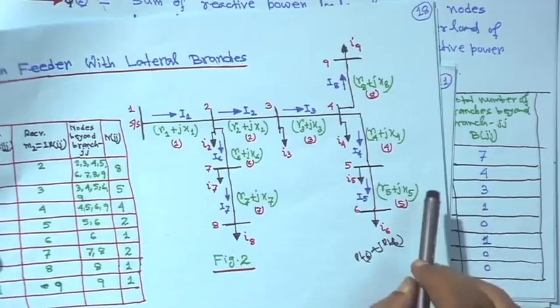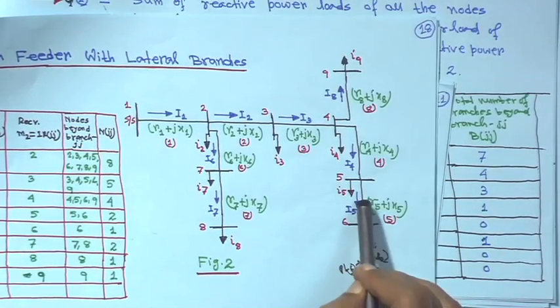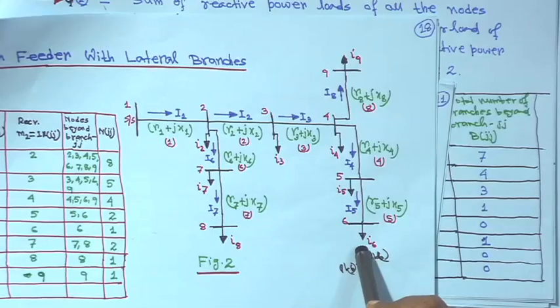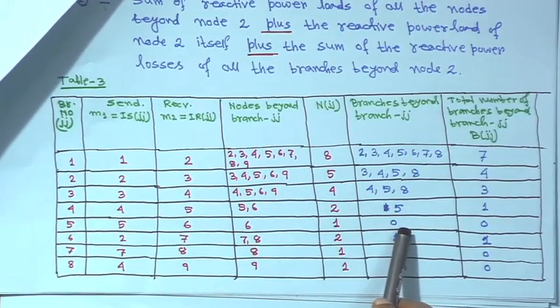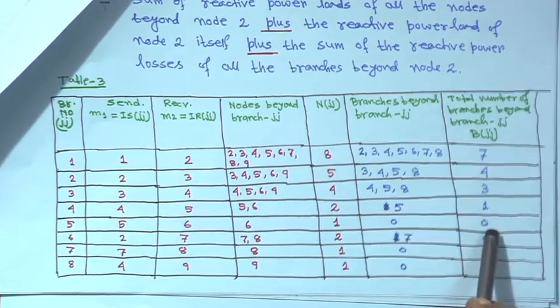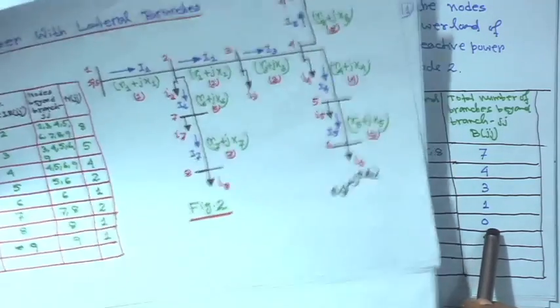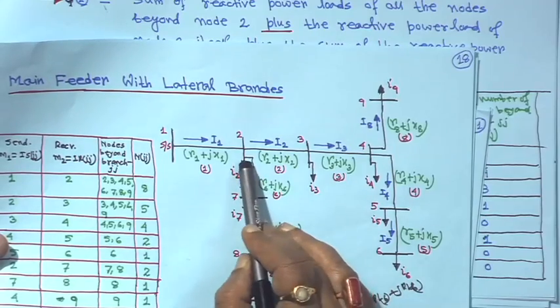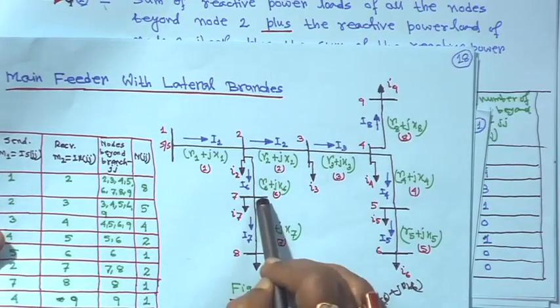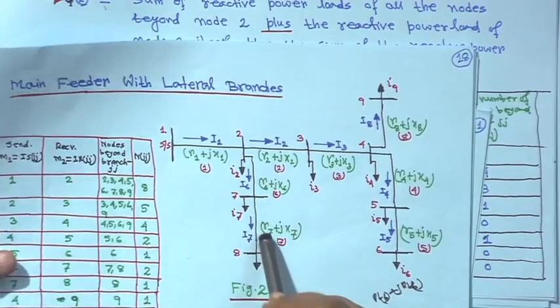Similarly, if you come to branch 5, 5 to 6, what is beyond this branch? There is no branch, so it is 0, and the number of branches is also 0. Similarly, for branch 6, 2 to 7, beyond this branch only one branch is there.